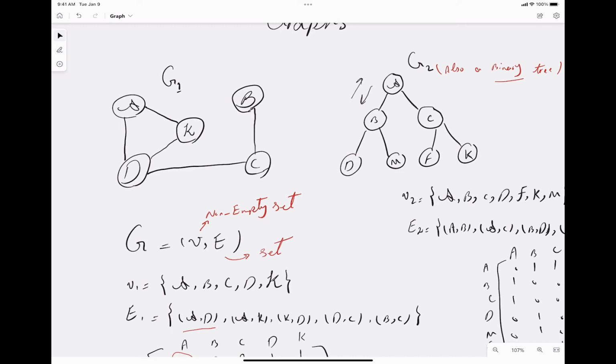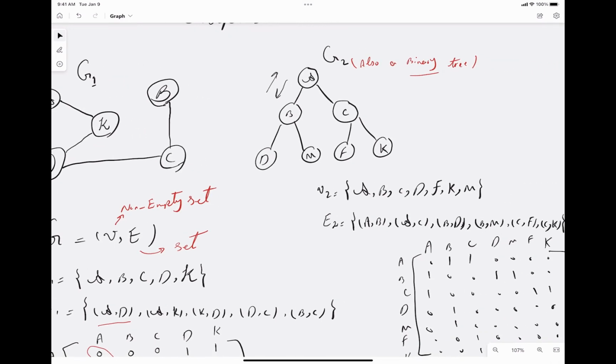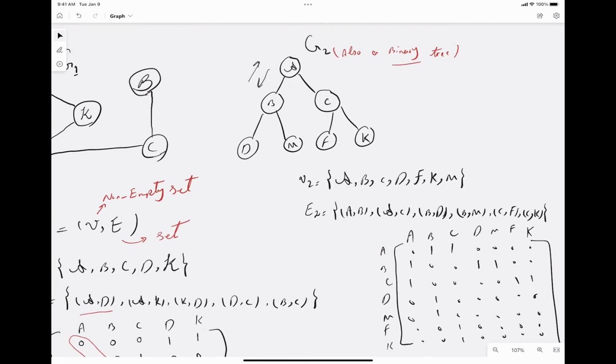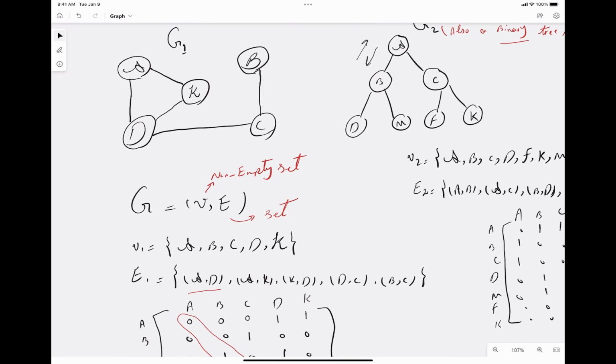We're just writing AB, and it means that there is an edge between A and B. So in this set of edges E2 and E1, it doesn't matter which one we write first. So A comma D is the same as D comma A, so it's going to be the same edge.